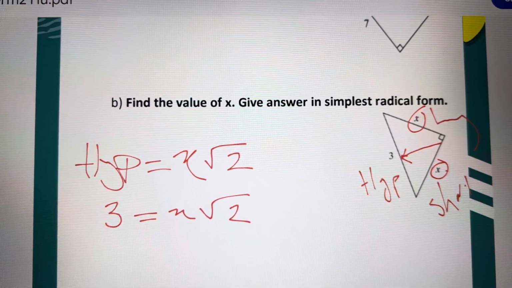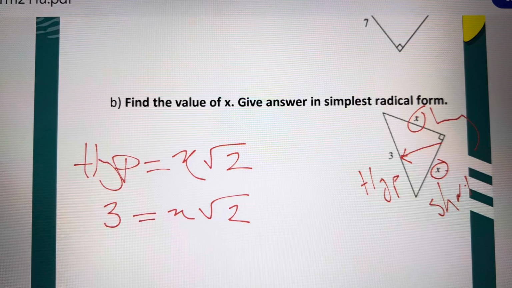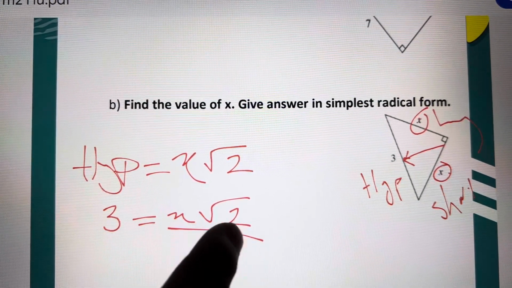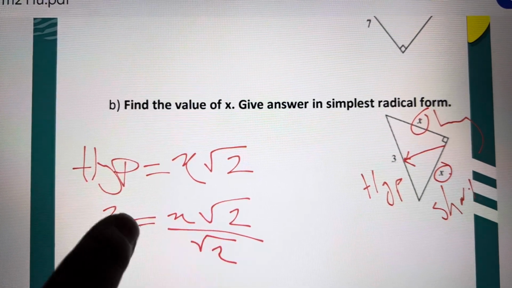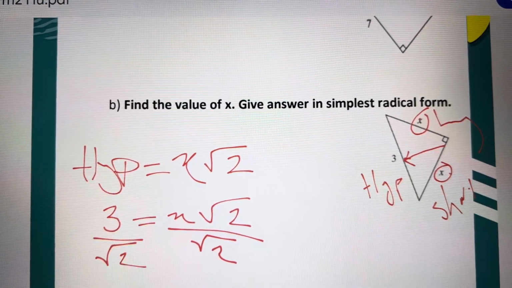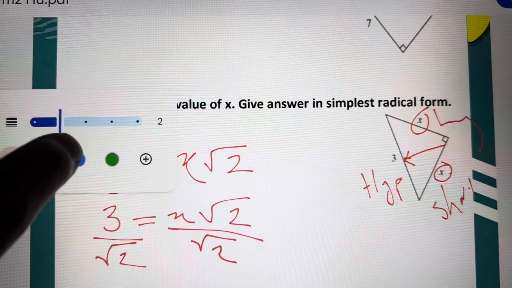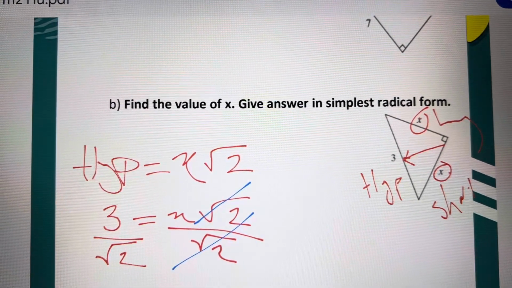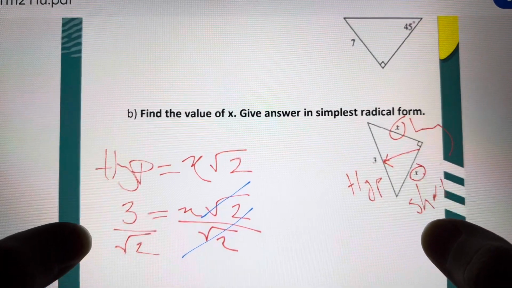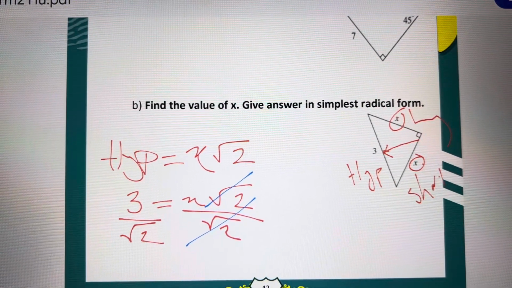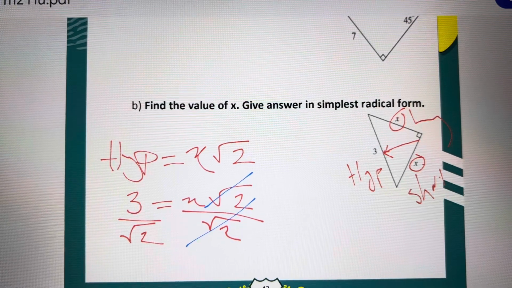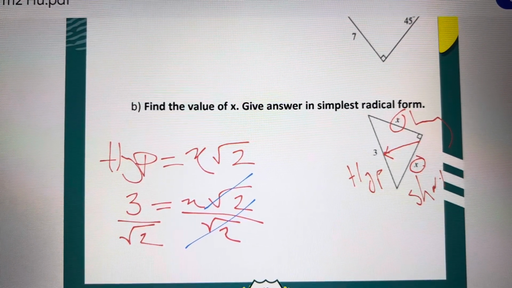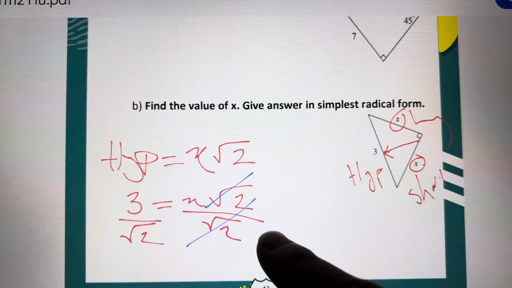How do we find it? I ask the question, what do we have and what do we do? We have multiplication. What's beside the X? I have square root of 2. So I divide by square root of 2. When I divide both sides by square root of 2, the square root and square root will go away, and I will find X, which is 3 over square root of 2. Since we can't have a square root in the denominator, what should we do?